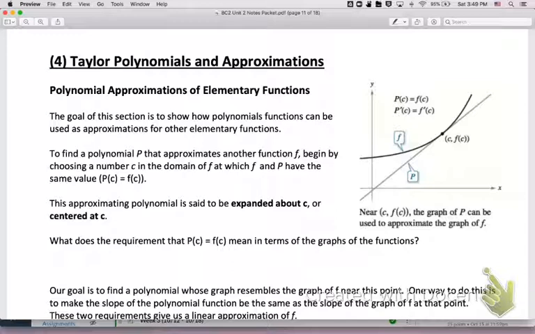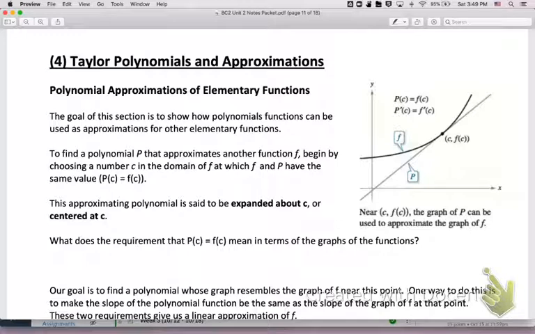So to find a polynomial p that approximates another function f, we first need to choose a number in the domain of f at which f and p have the same value. So we want the value of the function to be the same. The polynomial that we're going to create has to equal the value of whatever f is that we're trying to approximate. When you choose that point, the polynomial we create, we say it's either expanded about c or centered at c.